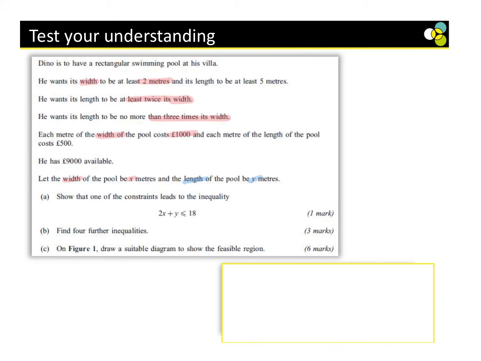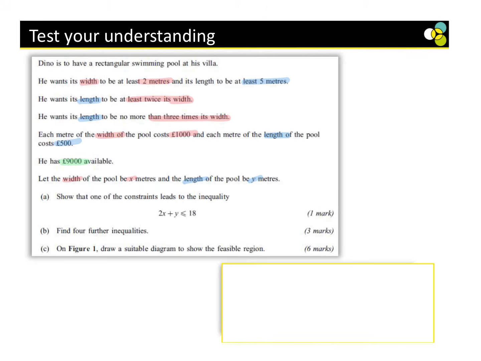Width 1,000. Okay, I'm going to have to write this. Length 500 and there seems to be 9,000 available. Okay, perfect. So, I know it says A and B, but I'm going to ignore what A and B says. I'm just going to go through the whole thing and hope that one of them comes, and then I've done B anyway.